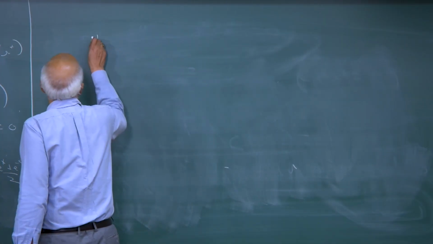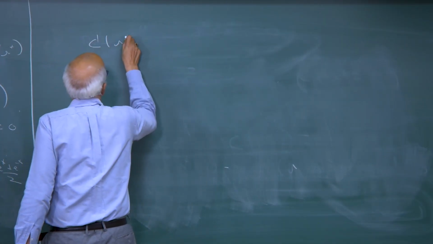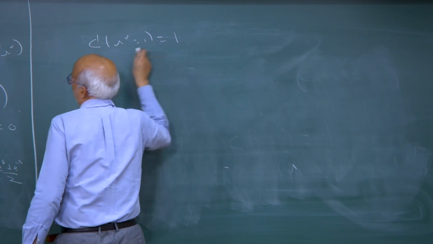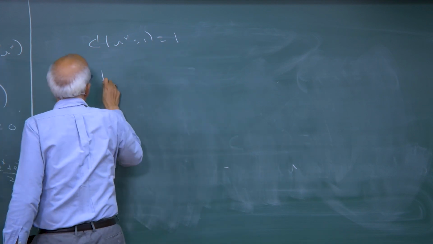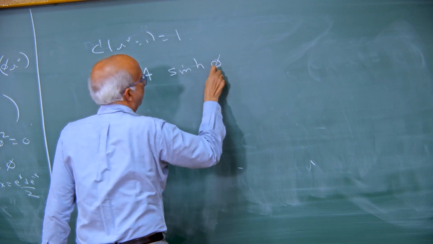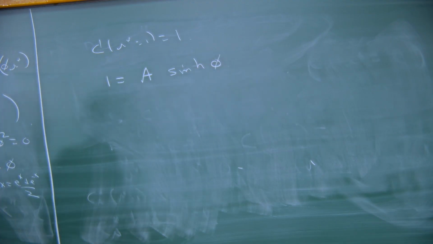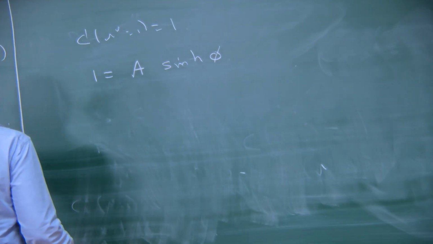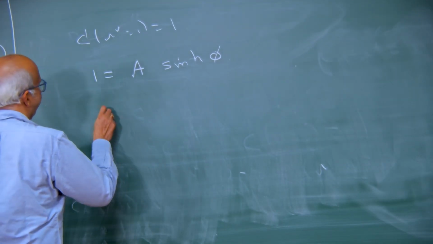I also know C at r star equal to 1, so I have to put 1 equals A sin hyperbolic phi, because at r star equal to 1, C is 1. So what do I get?